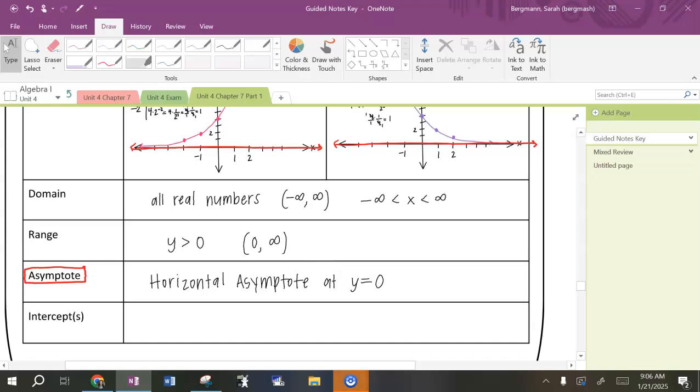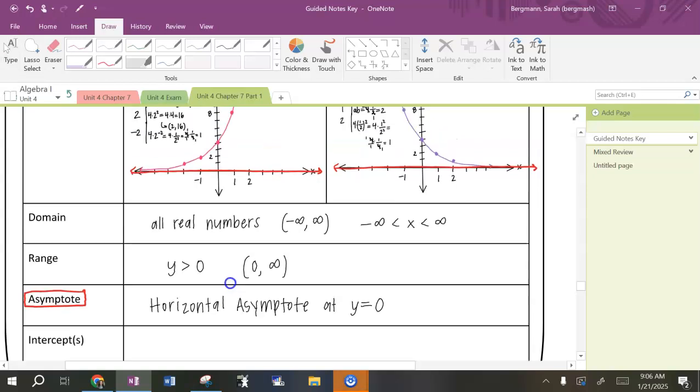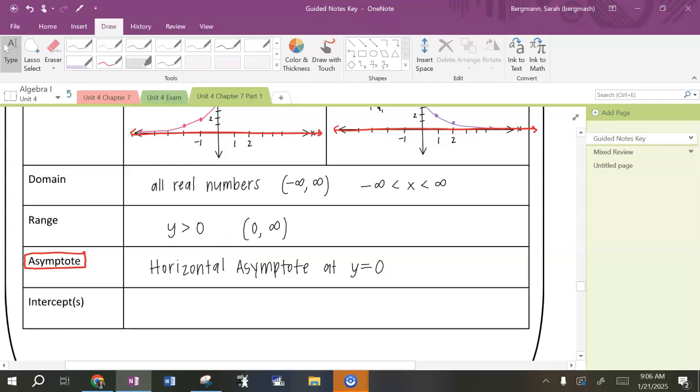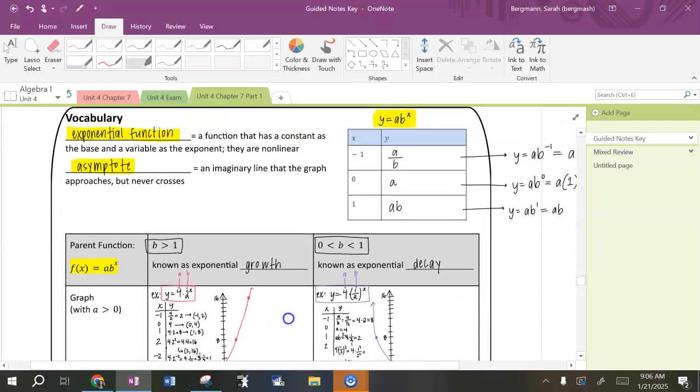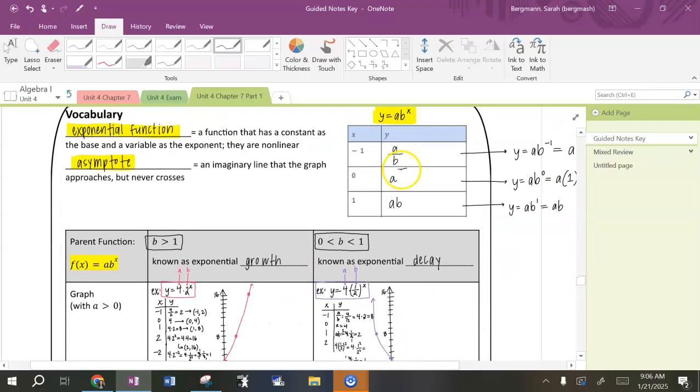Next, they both share the same intercept. They don't have an x-intercept. If there's a horizontal asymptote on the x-axis, that means it never touches the x-axis. So there is no x-intercept. However, the y-intercept is always going to be when x is equal to 0. Earlier on, we said that when x is equal to 0, y is always equal to the a value.